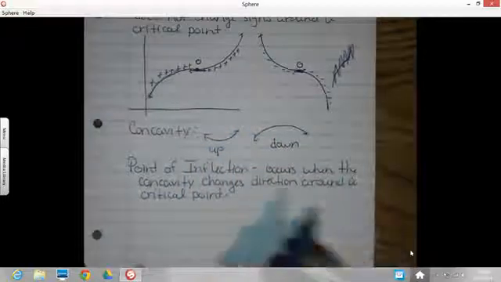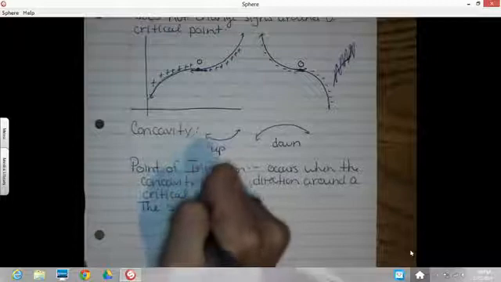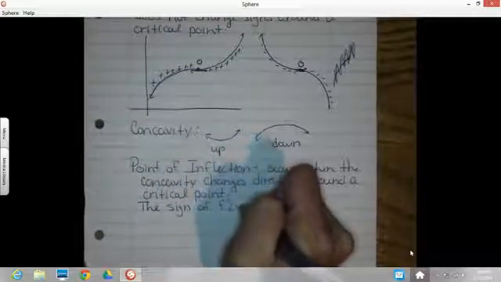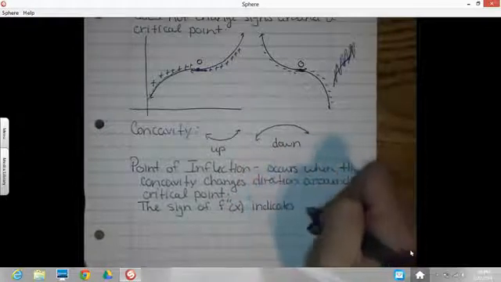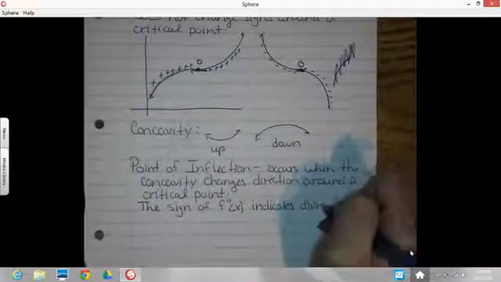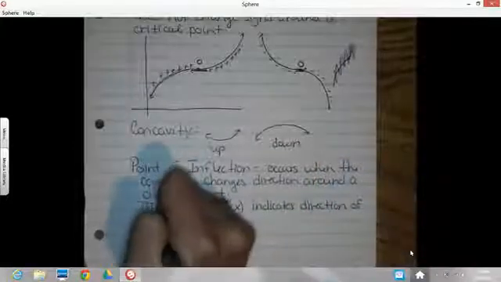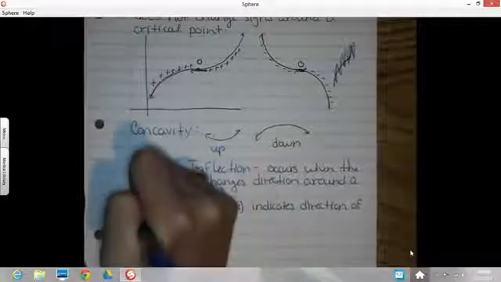And what's going to give us information about the point of inflection? It's the sign of the second derivative. The sign of the second derivative indicates direction of concavity. It's kind of important. We'll put a little star by it.